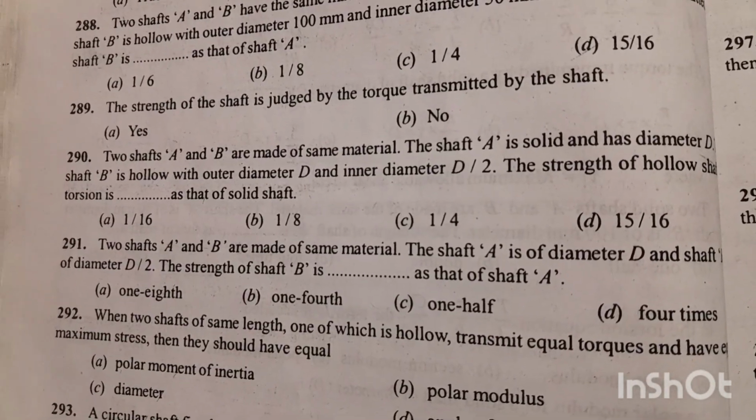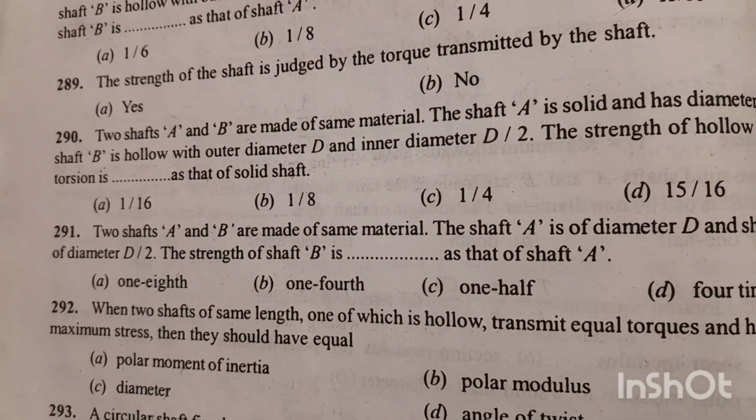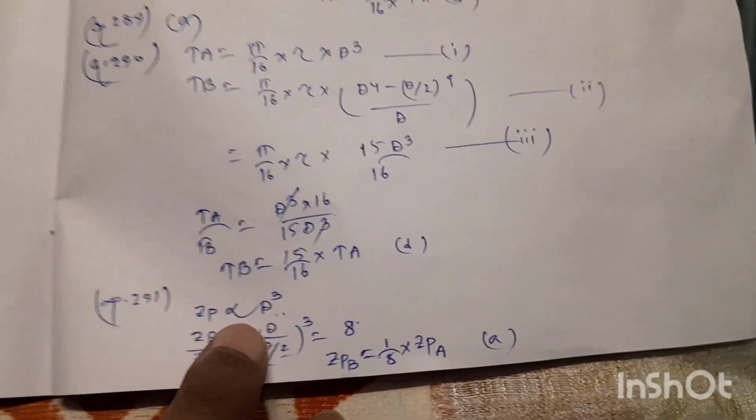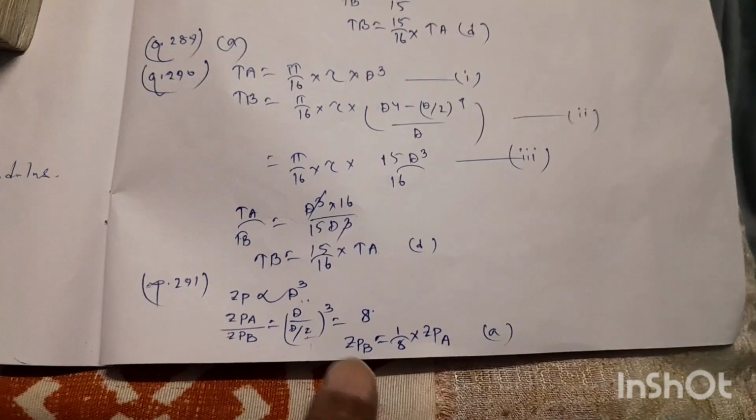We know the strength of the shaft is directly proportional to the polar modulus of the shaft. The polar modulus varies as capital D cube, where capital D is the diameter of the shaft.